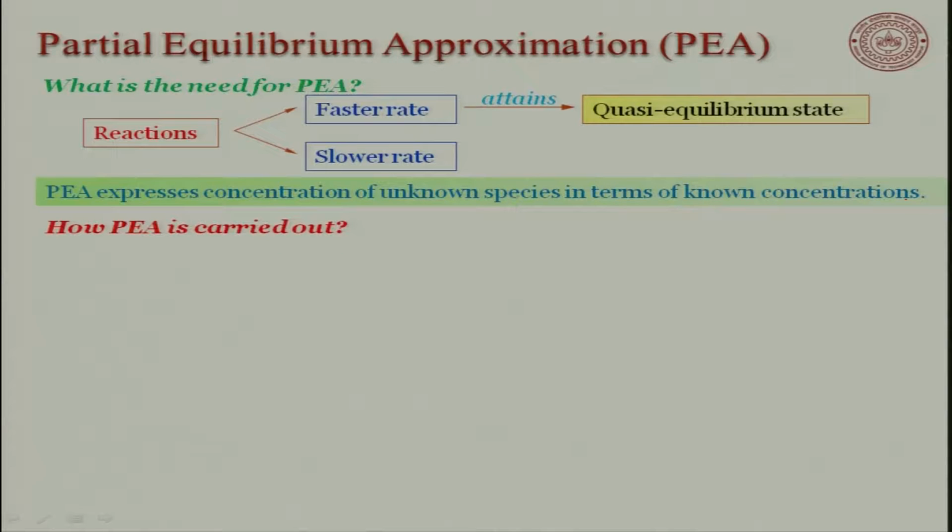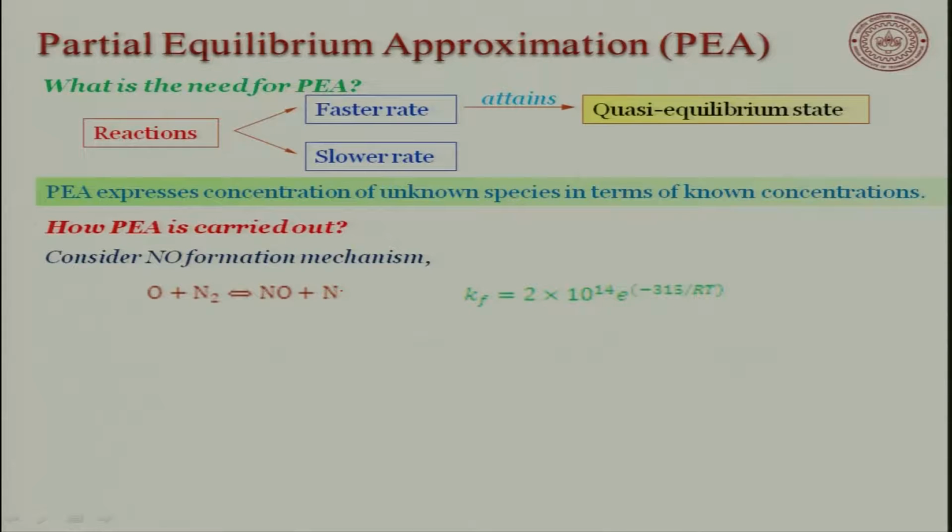So, how is PA carried out? Let us consider the NO formation mechanism, like O reacting with N2 getting into NO plus N. And let us say this Kf value is given to you, some coefficients are known to you, and the reaction rate of NO species I can write down as dCNO/dt is equal to Kf CO CN2.